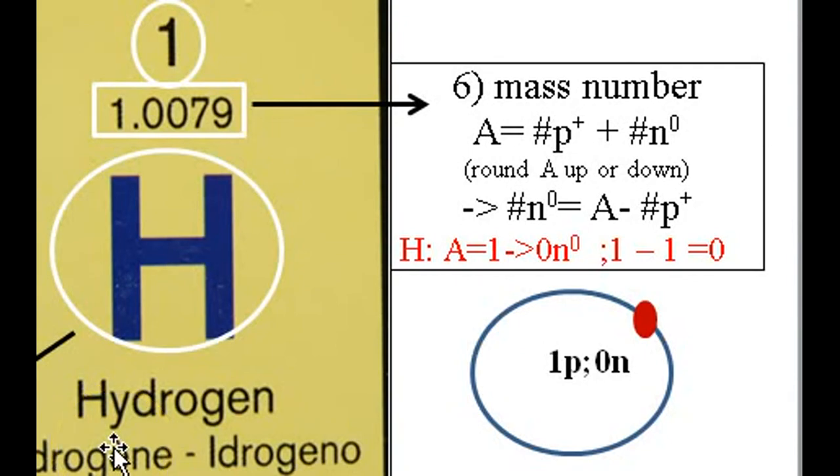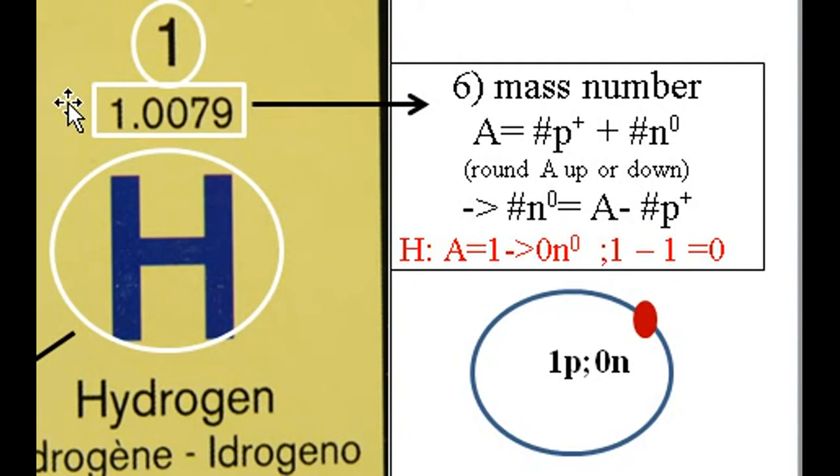Now let us look at the number directly above the hydrogen symbol. This is called the mass number, and for hydrogen it is 1.0079. The first thing you have to do is round it down to 1, or if you find a mass number that is above 0.5, you just round it up.